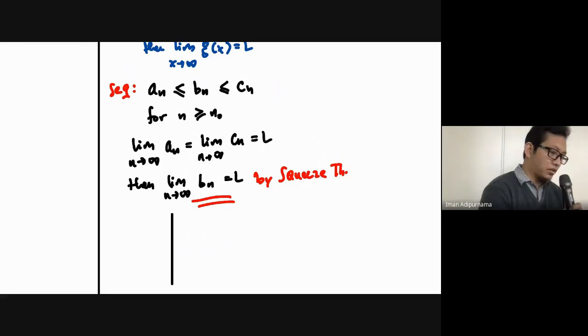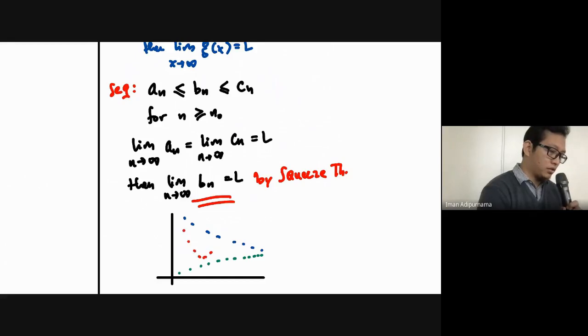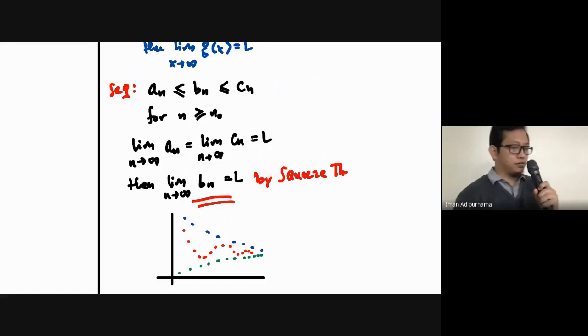Maybe if you plot them, maybe one sequence like this, and maybe the second one like this, and maybe the other one like that.